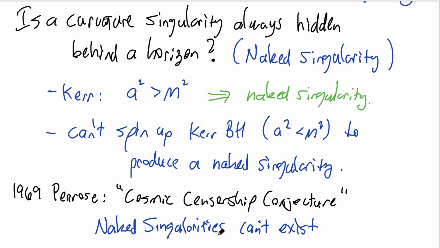So this conjecture would require any singularity to be hidden behind a horizon. Now, these questions of naked singularities and cosmic censorship continue to be an area of active research.